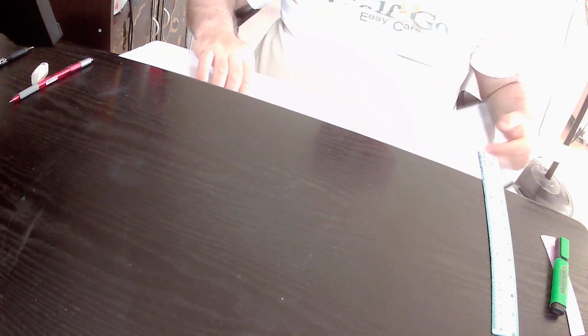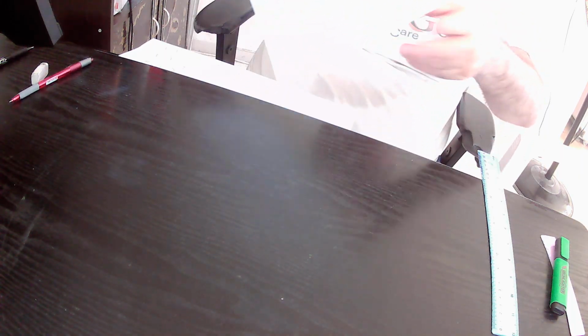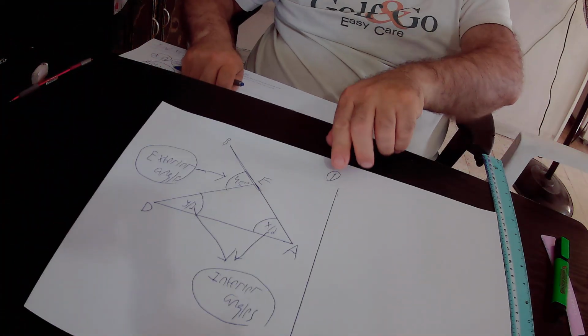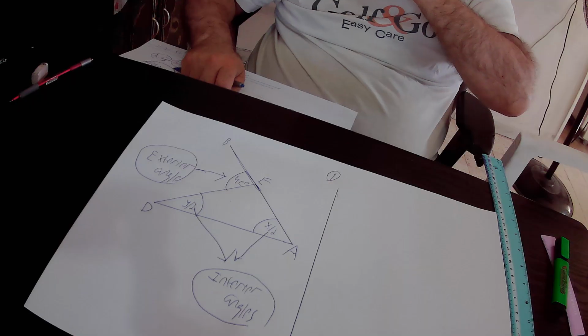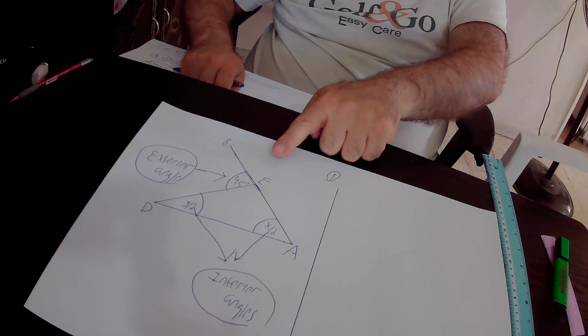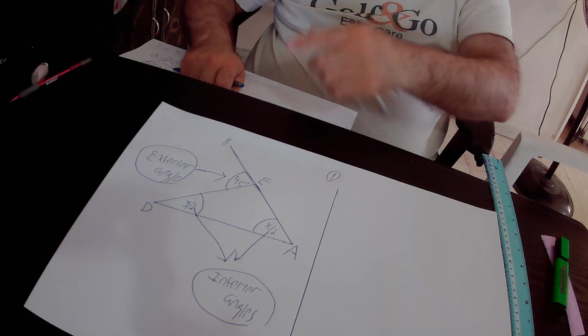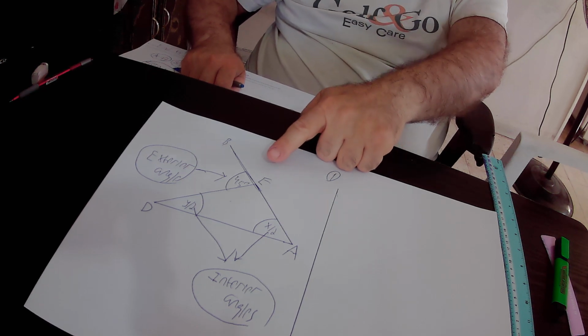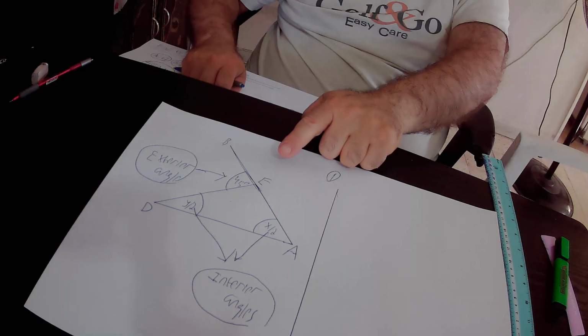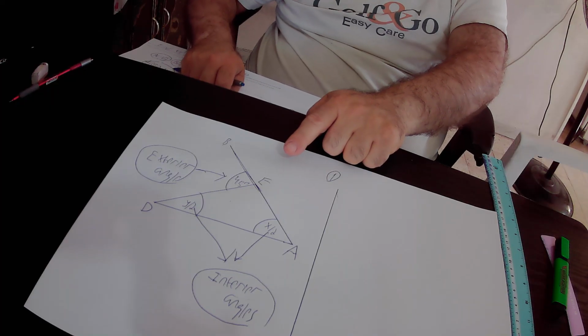So I can actually implement rule 4 in this triangle AED. We have the exterior angle BED. And according to rule 4, the size of the exterior angle BED is equal to the sum of the two interior angles that are not adjacent to it.